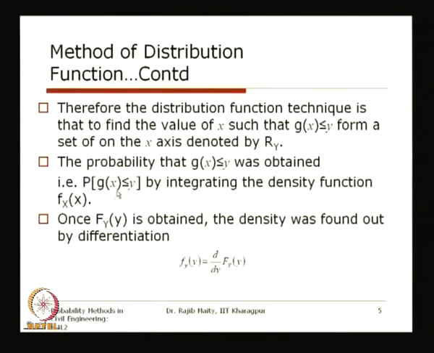Once we get this, the probability density function, that is PDF, can be found by differentiation with respect to y. We know this from the basic principle of CDF and PDF.